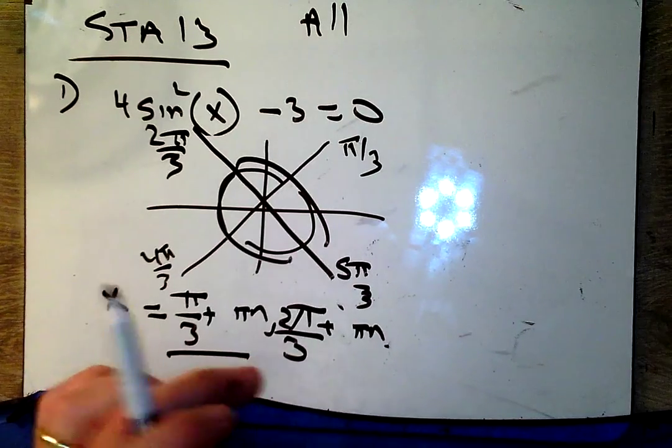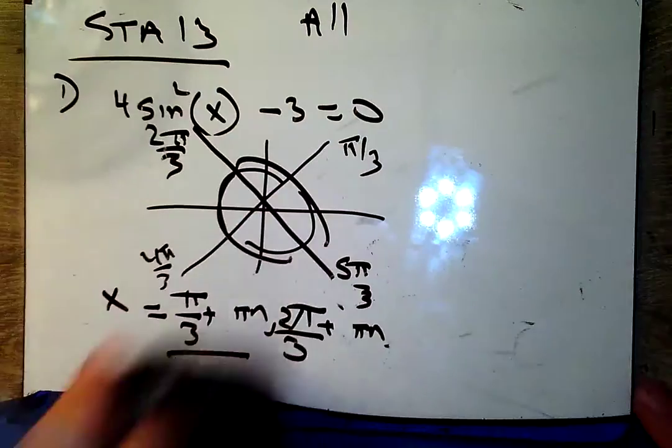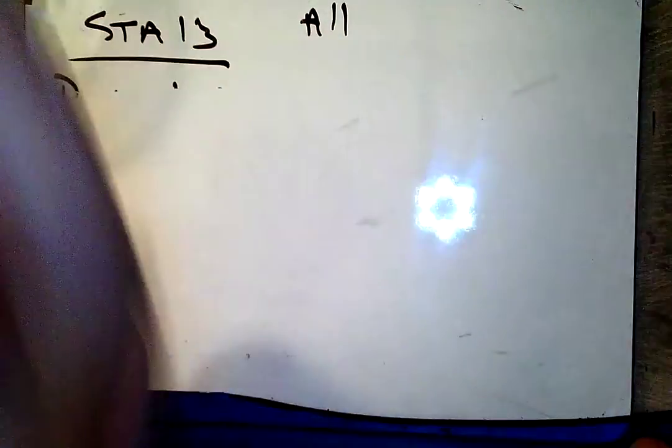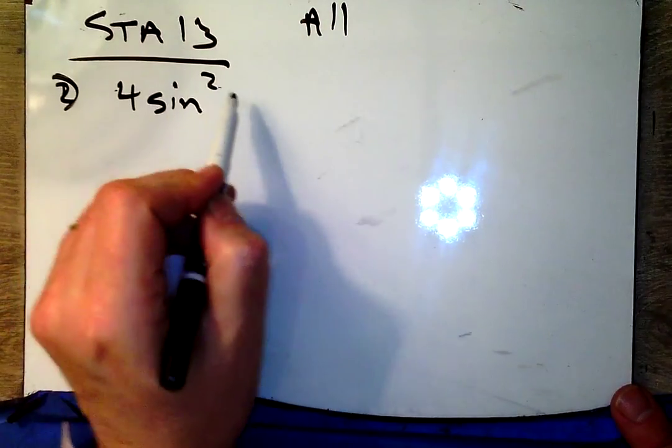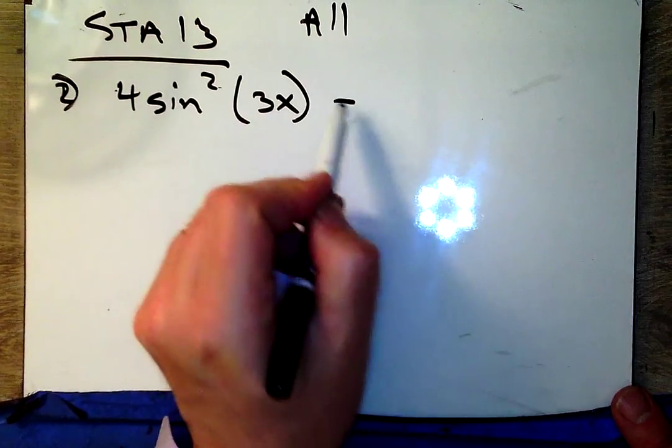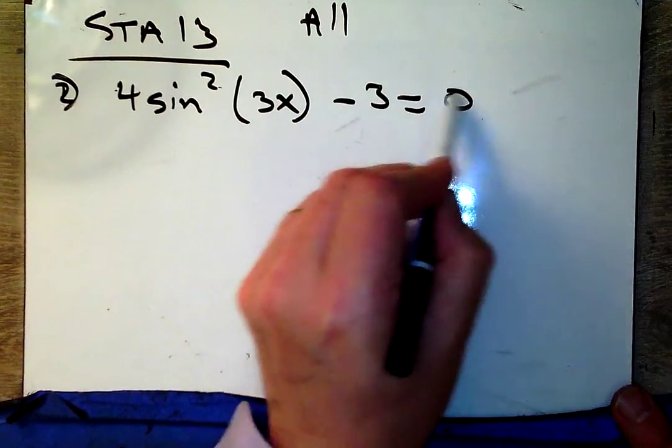All right, the second question here, same problem, but this time with a b value. So problem number 2, 4 sine squared 3x minus 3 equals 0.